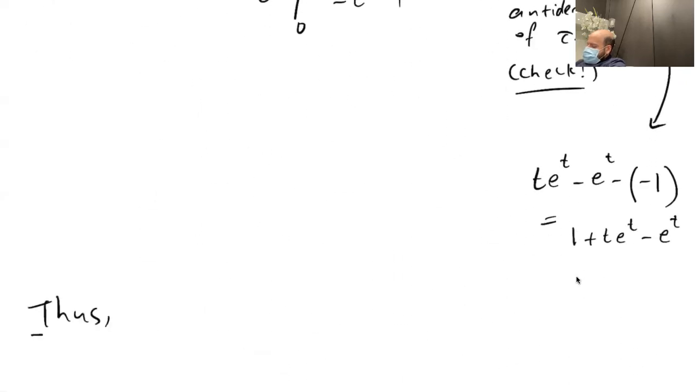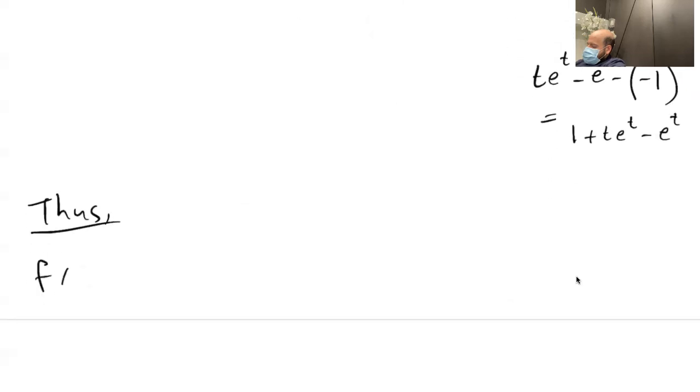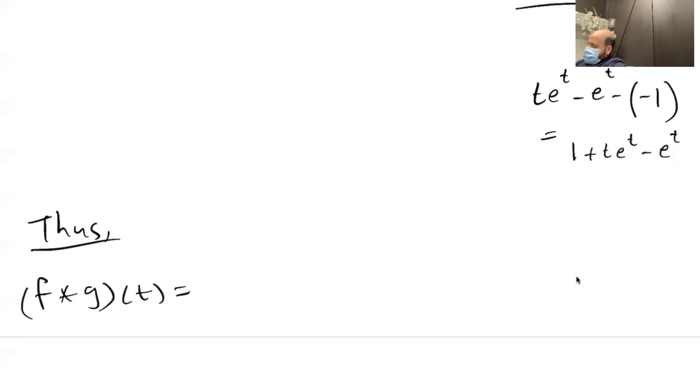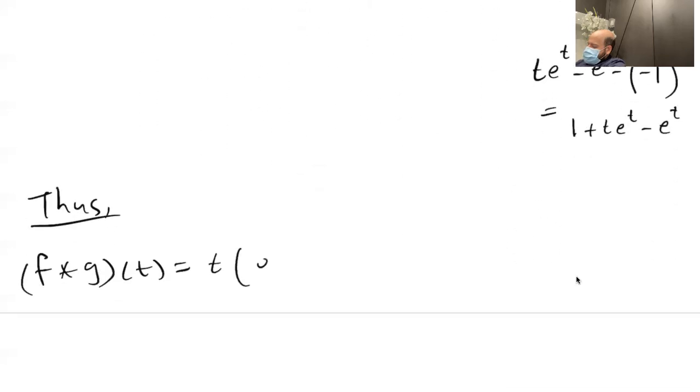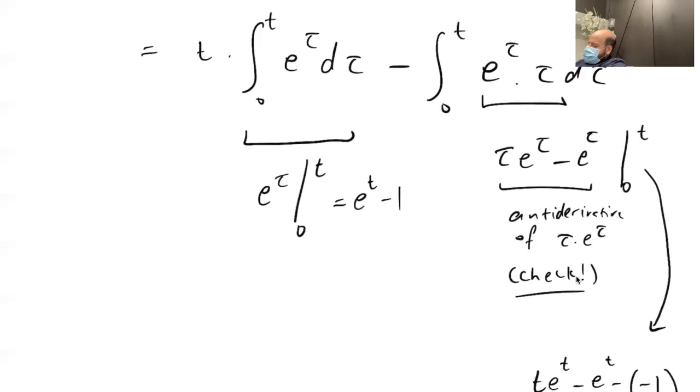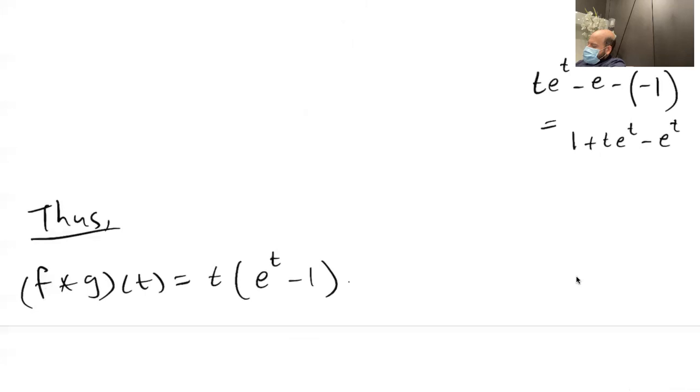So therefore, we can say that f star g of t is equal to a t times e to power t minus 1. So that's the first term, minus this term here. So minus 1 plus t e to power t minus e to power t.